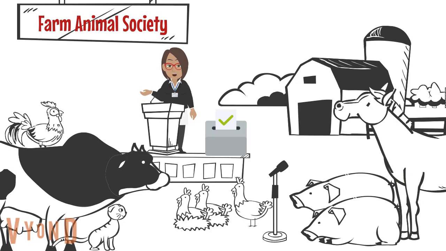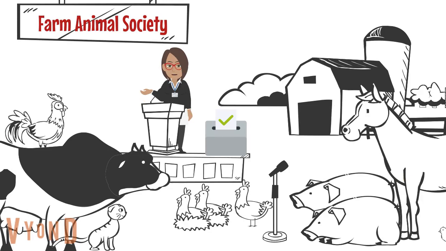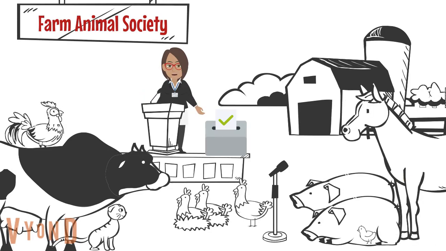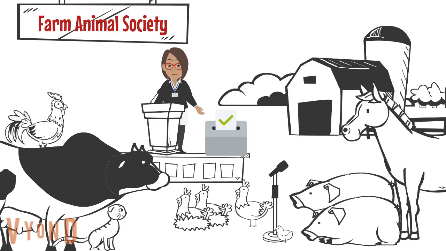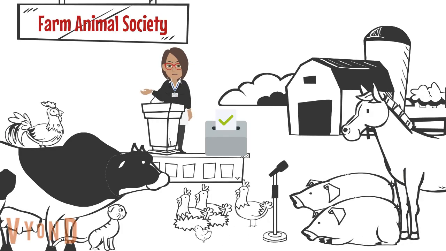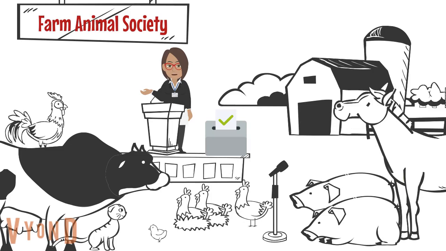When the vote is tallied, all the animals except for Duck have voted against this motion, so it does not pass. The wording, therefore, remains the same as it was.